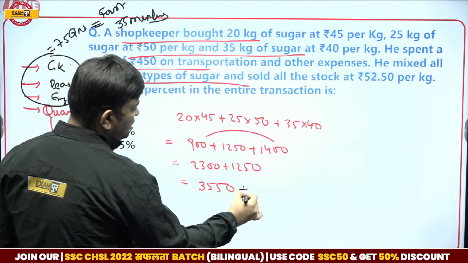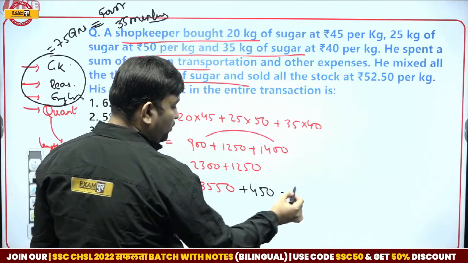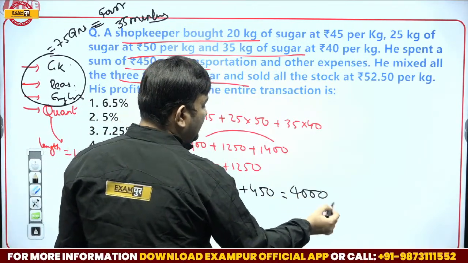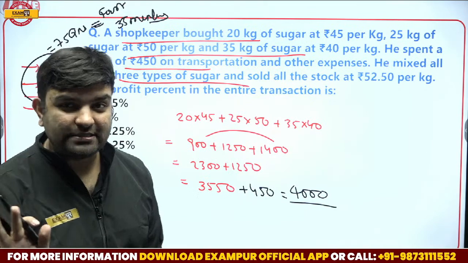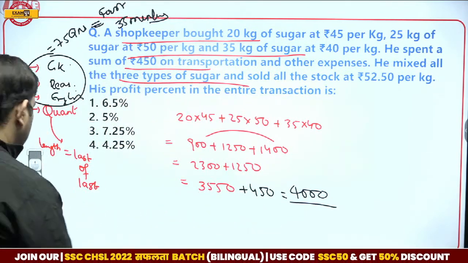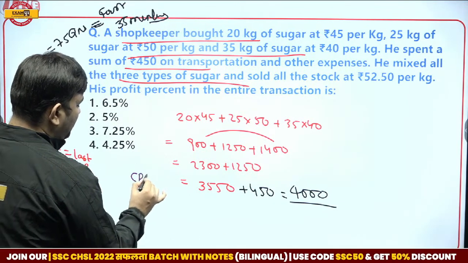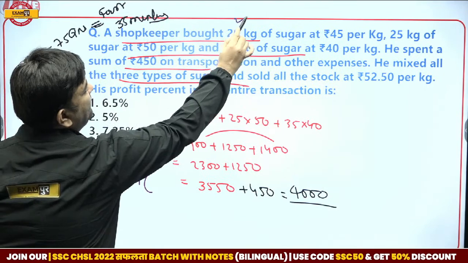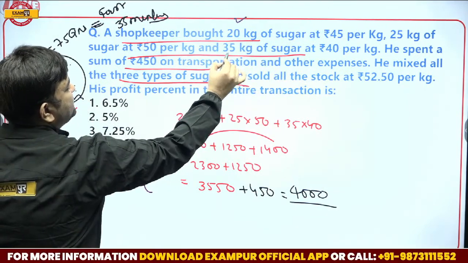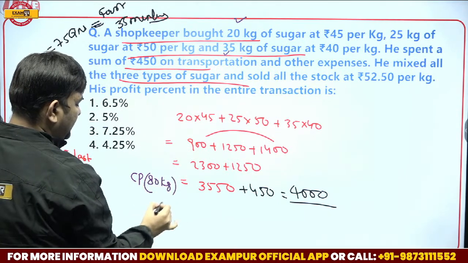Now transportation cost will also get added in the CP, so it becomes 4000. Wow, the examiner is kind in the last. 4000 is the CP for 20, 25, 35, that is 80 kg.